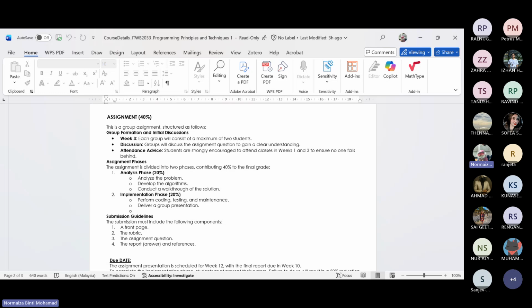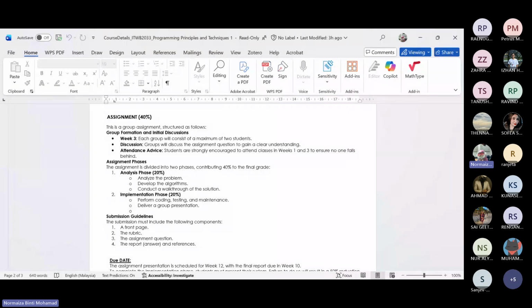So each student should form a group. Then this group will discuss assignment questions to gain clear understanding. So students are strongly encouraged to attend classes in week 1 and 3 to ensure no one feels behind. So if you didn't attend, you might not get any partners.